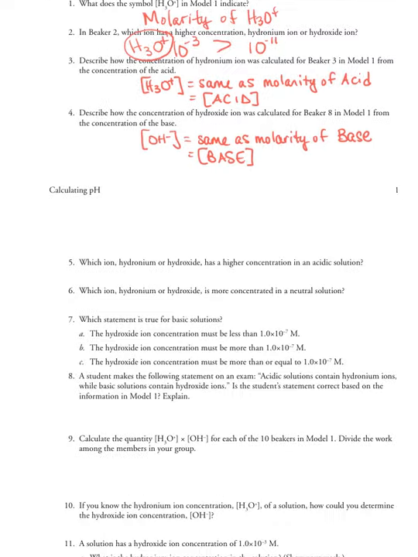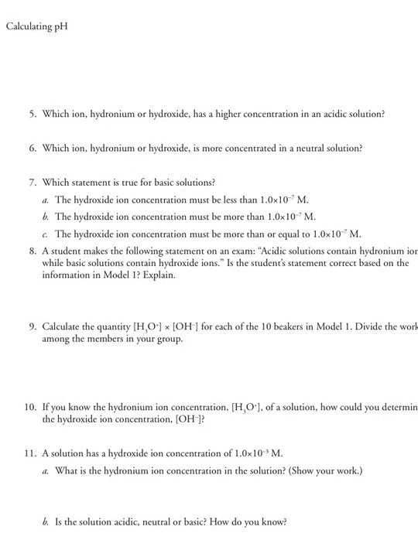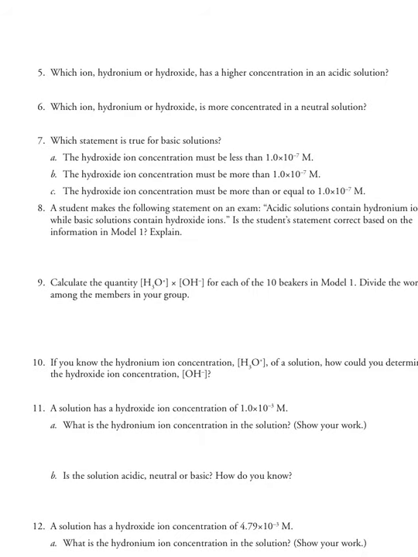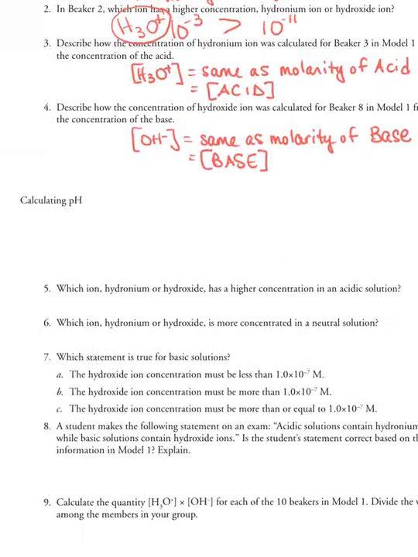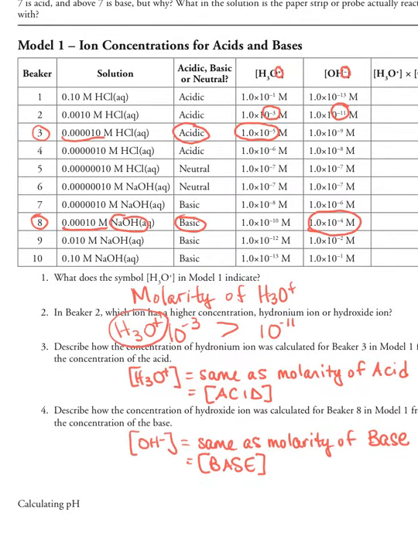All right. Which ion, hydronium or hydroxide, has a higher concentration in an acidic solution? So let's go back and look at this. And all of those that are acidic, which one is bigger? So these are your acids. Which ones are bigger?